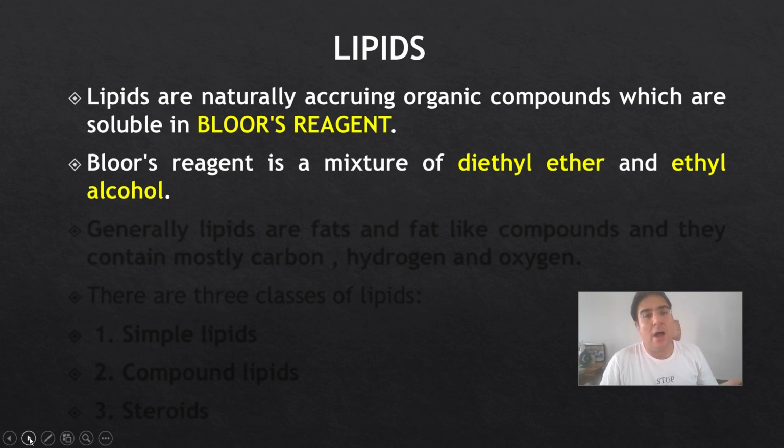So Bloor's reagent was a combination of diethyl ether and alongside that ethyl alcohol in the ratio 2 to 1, which means 2 moles of ether and 1 mole of ethyl alcohol.